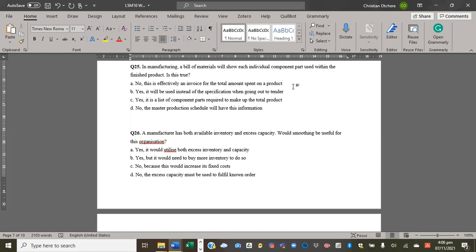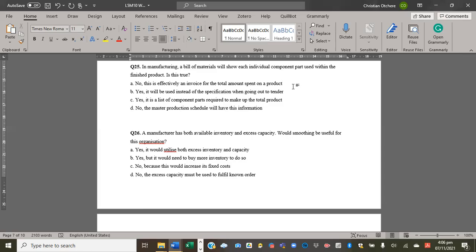So, yes, it shows. Yeah, I think a packing list is more detailed than a bill of material. This one is used in the context of software, which is MRP. So let's look at it in that context. Then all the individual component parts used within the finished product, that's what we are talking about. So you agree with me that it's true.